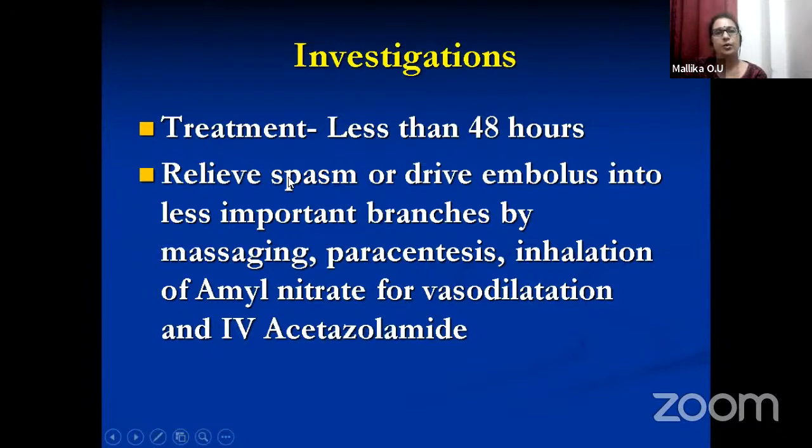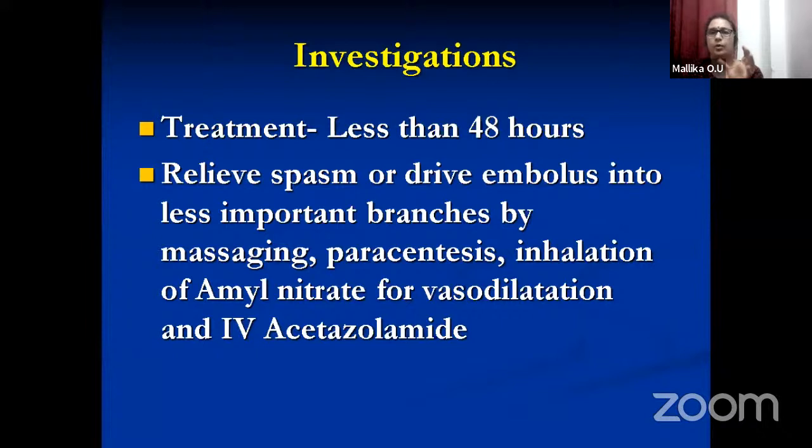So what we are doing is relieving spasm. I have shown you a major branch, or at the disc itself, there is an embolus sitting at the lamina cribrosa or at the origin of the central retinal artery.